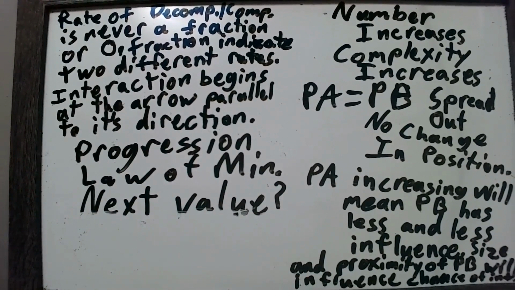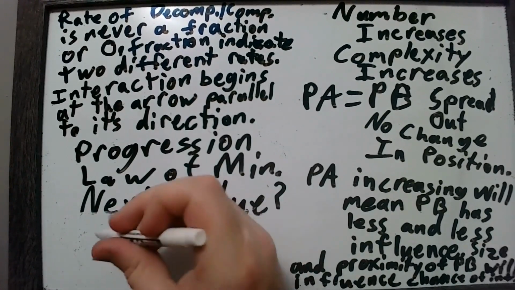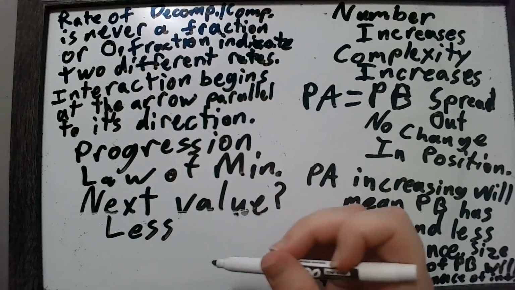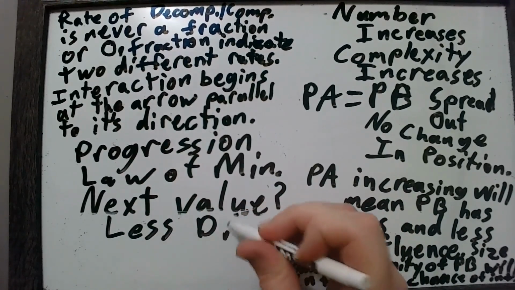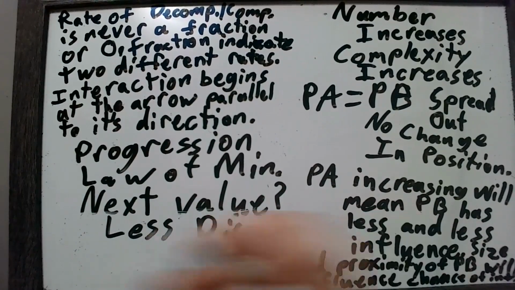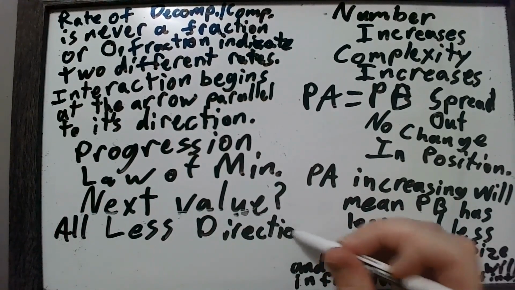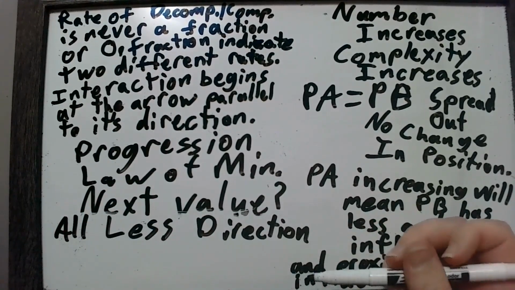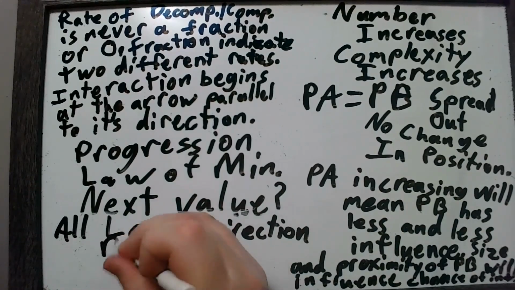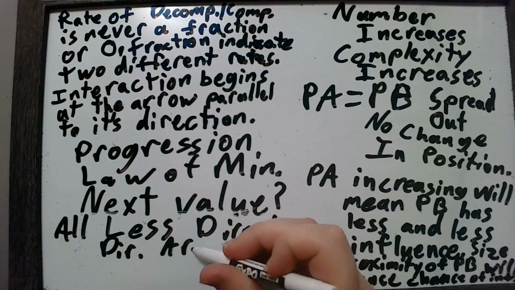Now, if the next values are all less, what's going to happen is it's going to go in the direction of the arrow, right? So if they're all less, this is the one that's all less. The previous one was just one that was less. It's going to go first in the direction of the arrow, right?